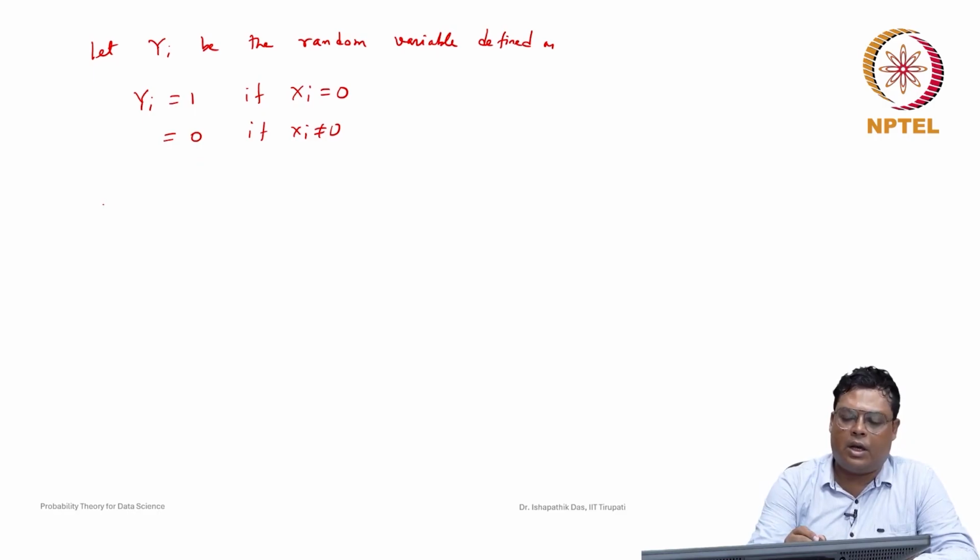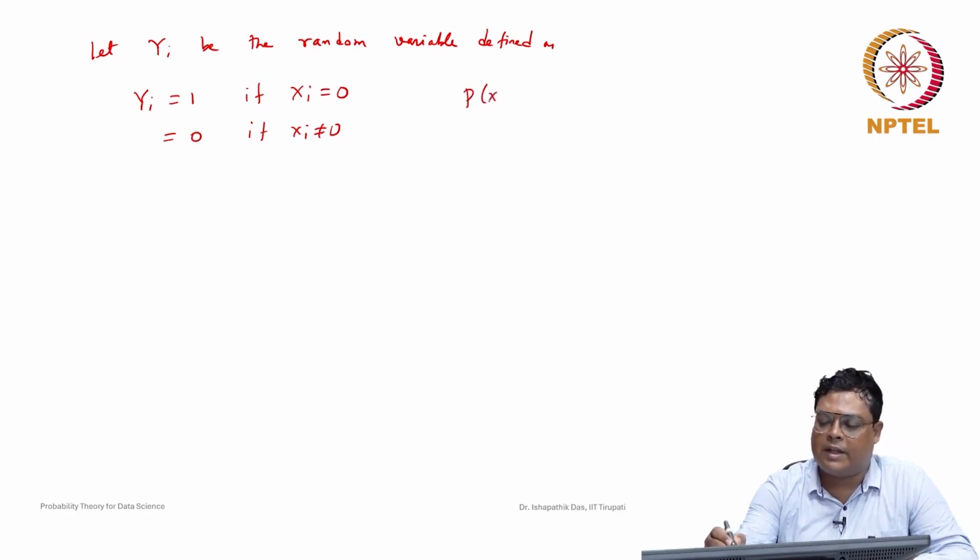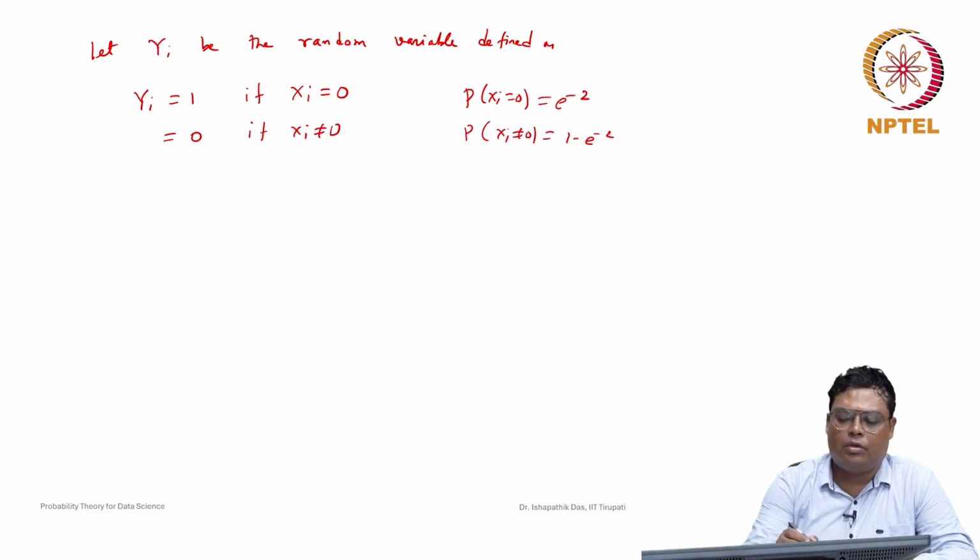Then we know that the probability of xi equal to 0 we found is e to the power of minus 2, and the probability of xi not equal to 0 is 1 minus e to the power of minus 2. So it is a Bernoulli random variable defined by a probability mass function, where the probability of y equal to 1 is e to the power of minus 2.